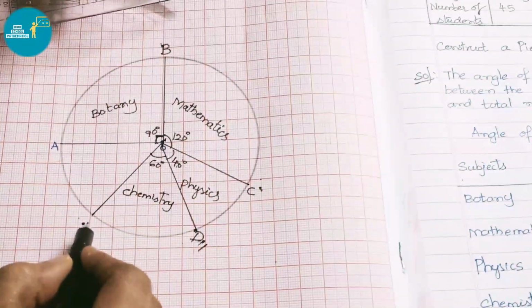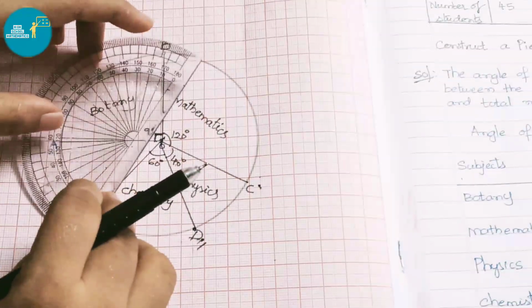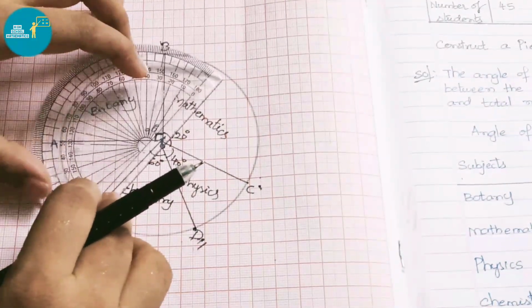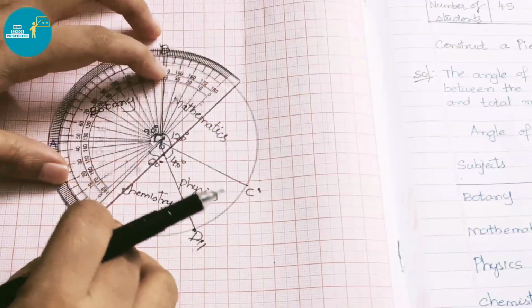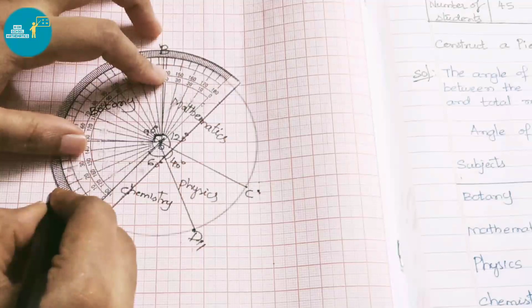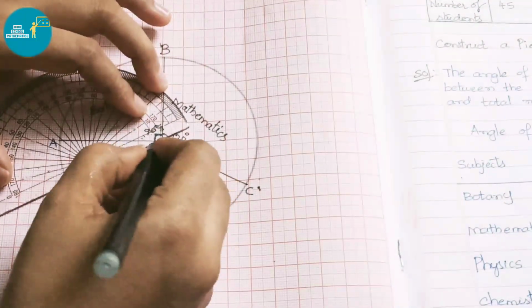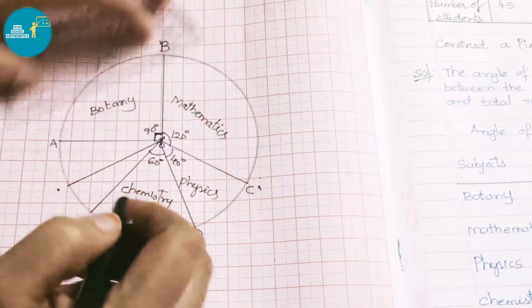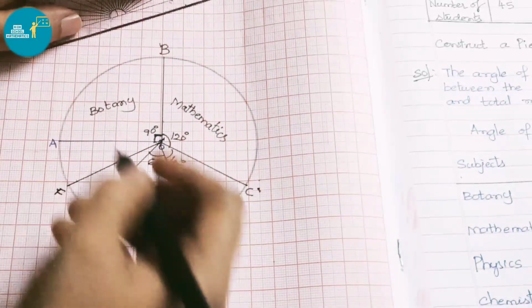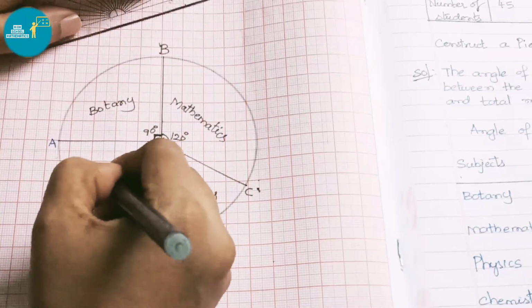Now keep this point as E. Now OE as baseline we shall mark economics 20 degrees. Let us join them and mark this as F. And this is 20 degrees, that is economics.